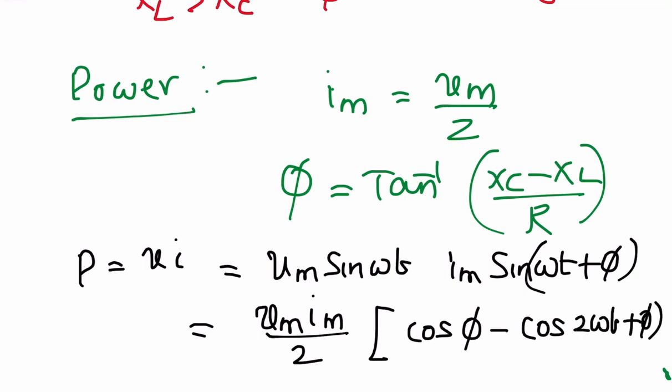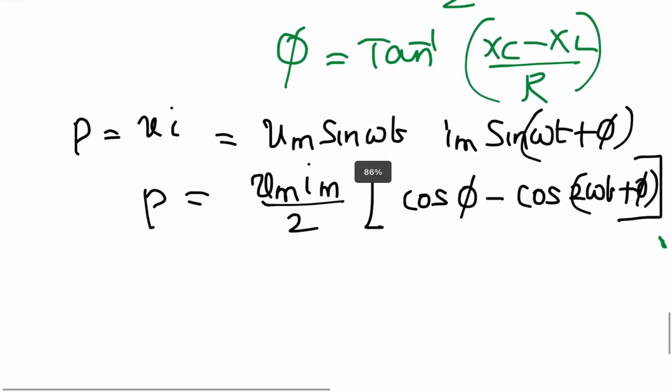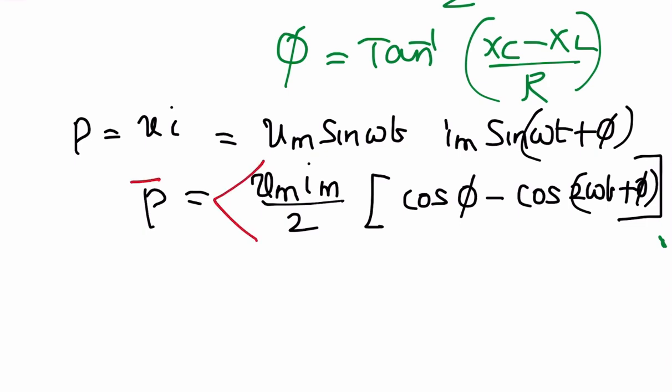Then what we want is average power. We have done it for all the previous circuits. Average power means we put a bar for this and put this in triangular brackets, and here we have two functions. One is cos phi, another is cos of 2 omega t plus phi. In the first function we don't have any term related to t, but in the second one we have omega t, which is a function of time.